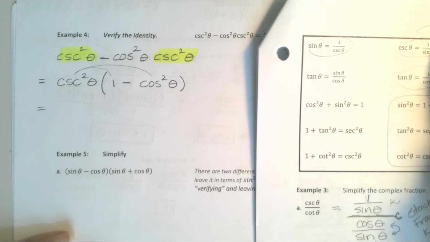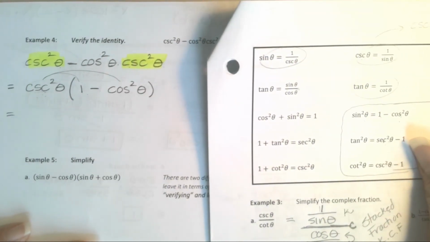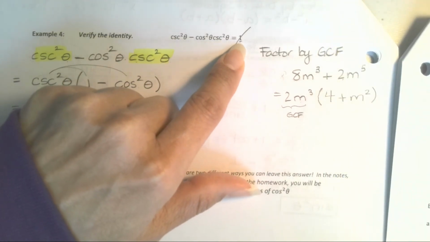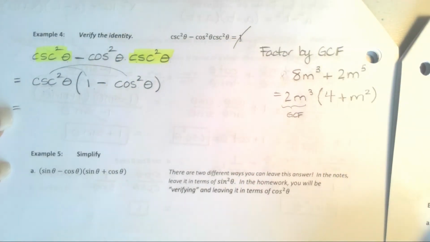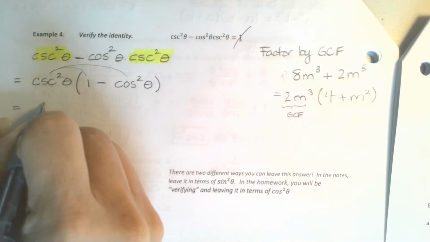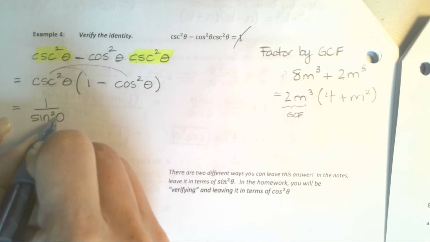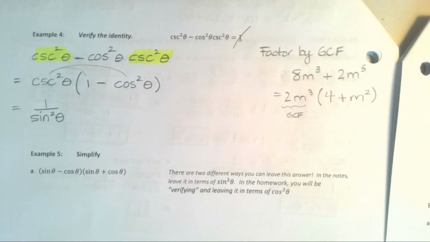You guys are trying to cancel. If your answer is a 1, that means everything's going to cancel. Okay? So that one downstairs, 1 over sine squared, is going to make it more complicated. Okay. What is 1 minus cosine squared?